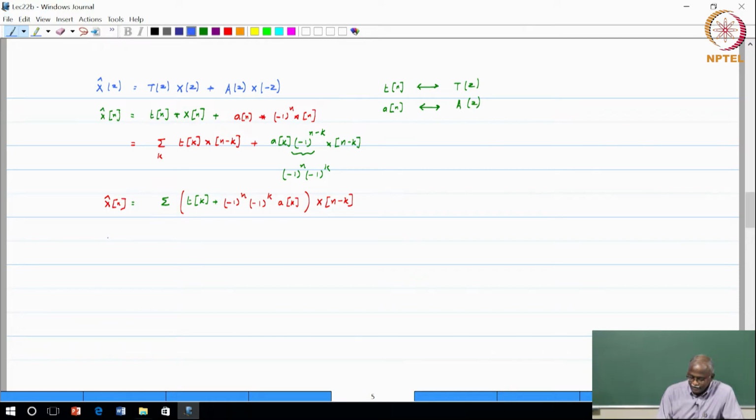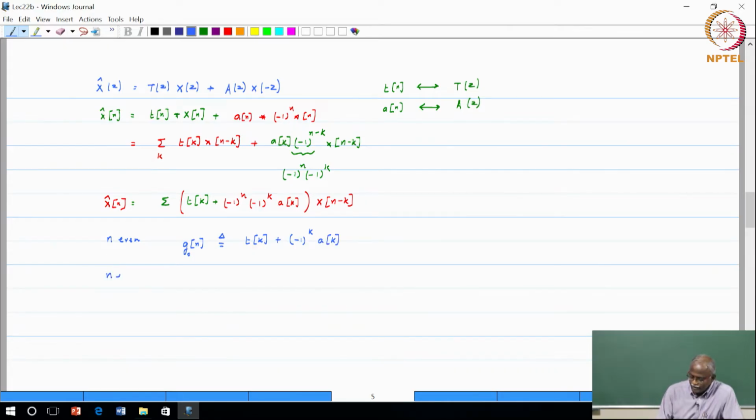So let me take the case of n even. In that case, I can write down a new sequence g0 of n, which is defined as, since n is even, t of k plus minus 1 raised to the power k a of k.